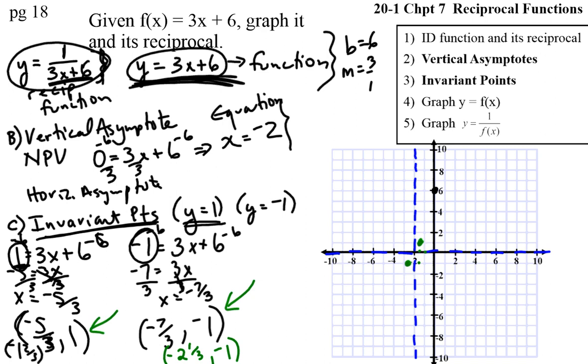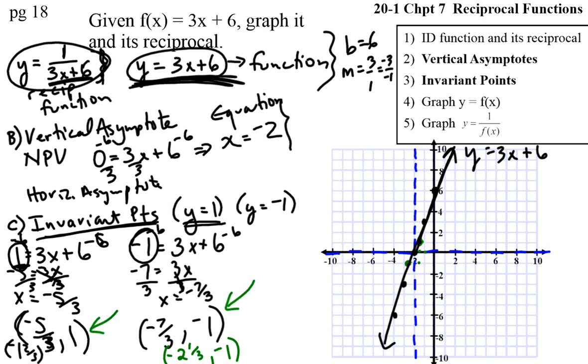So b value is 6, slope is 3/1, or that's the same as having negative 3/negative 1, 3 down, 1 to the left. So there's our points for our y equals f of x function. There's y equals 3x plus 6. We see that we're passing through our 2 invariant points. Now, if I had a straight edge, it would be a little bit closer there, but it's pretty close.